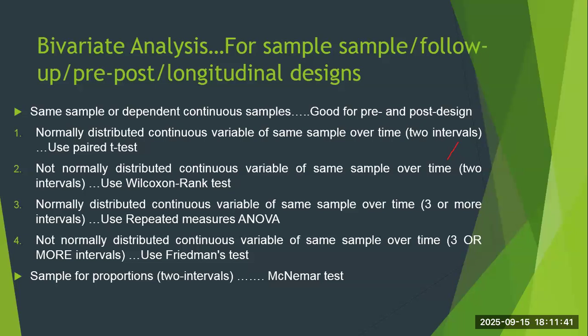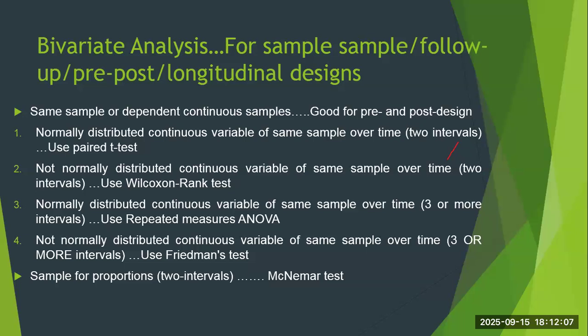If it is a normally distributed continuous variable, and you measured only at 2 intervals, please use what we call the paired t-test to analyze it. But assuming that the weight is not normally distributed and it is still the same 2 times of measurement, use what we call the Wilcoxon signed rank test.